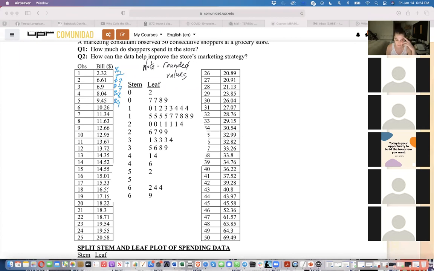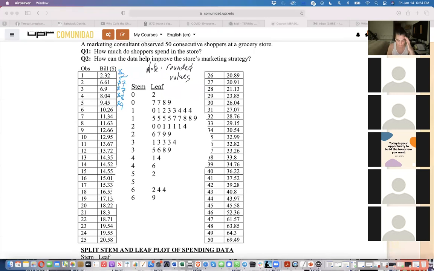All right, so we want to combine the data like this and show this degree of detail. So what happens here now? The last value is 69.49. What does that become? 69. 69, right.